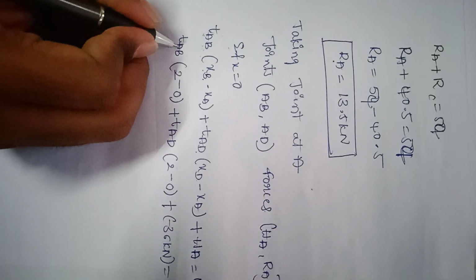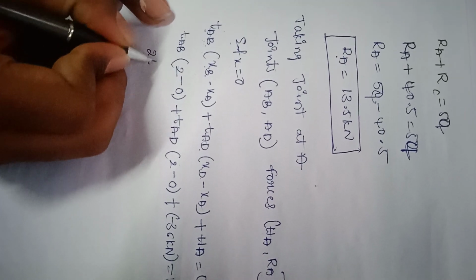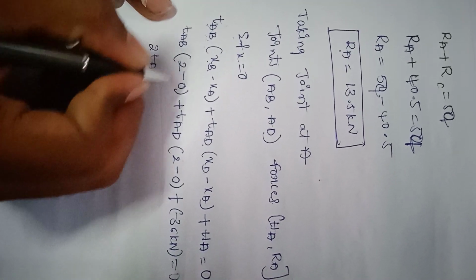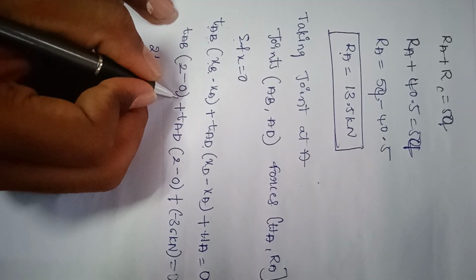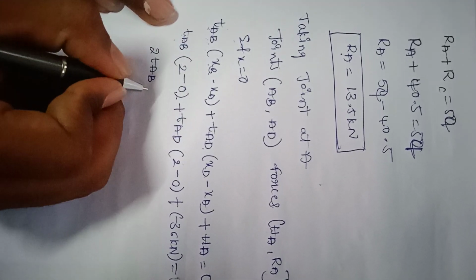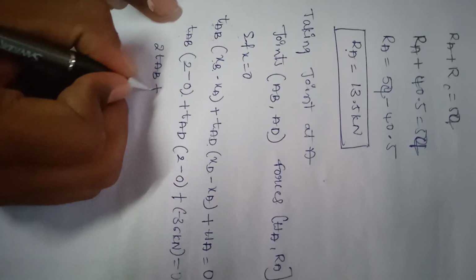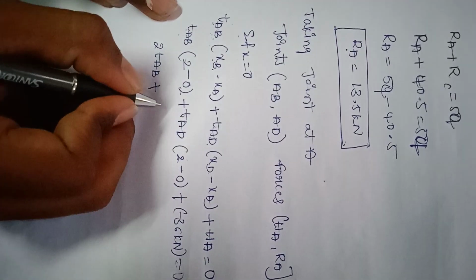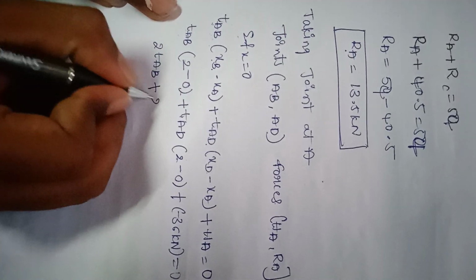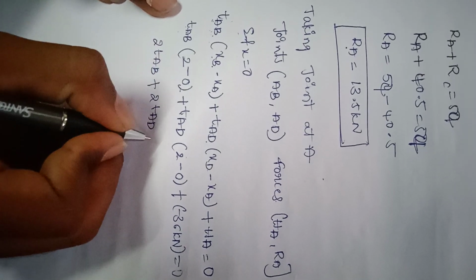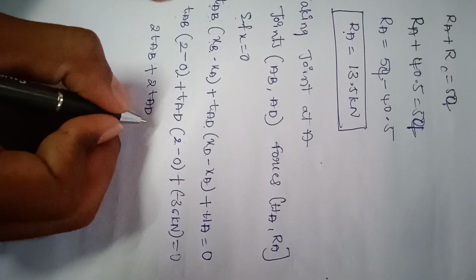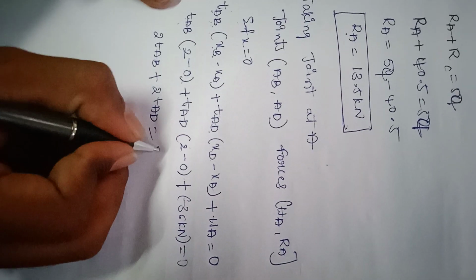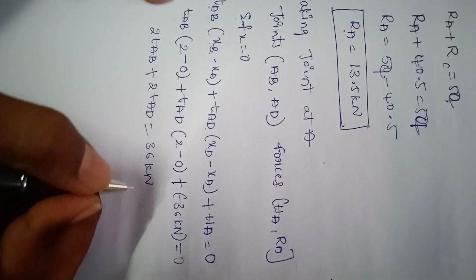Therefore 0 into tension in member AB is 0, so we don't take that. 2 into tension in member AD, plus minus 36; sending this minus 36 to the right side, therefore 36 kilonewtons.